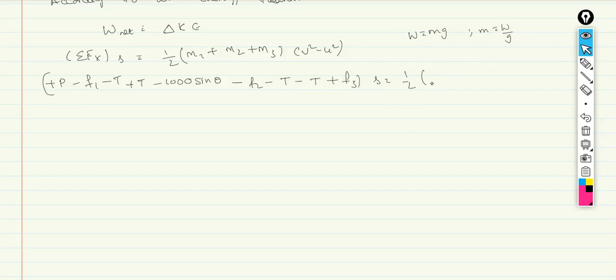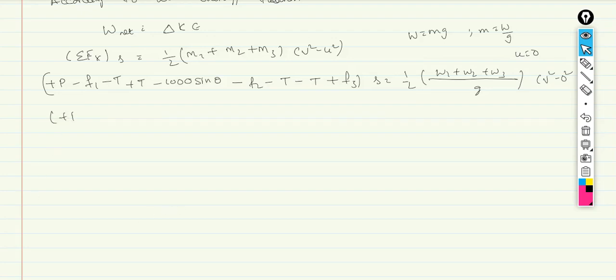So I am using this formula over here. So that is W1 plus W2 plus W3 by g into V square minus 0 square, since U is equal to 0, because it is starting from rest.